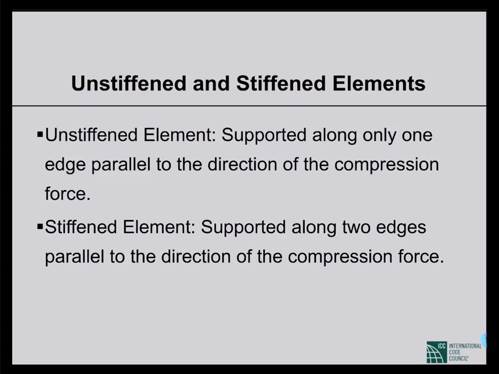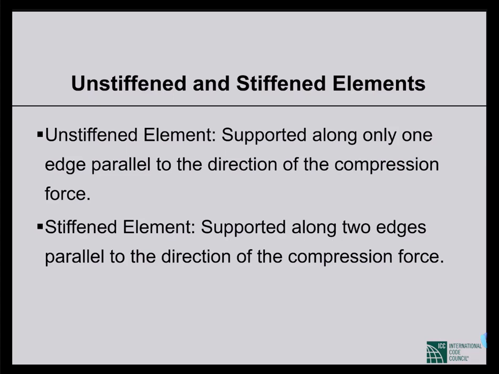Think about the compressive stresses on one flange of the I section and the direction of the force. Now, along that direction, in how many edges is one flange connected in the member? We'll show some figures, then it will be clearer. So a flange is connected along only one edge parallel to the direction of the compression force.